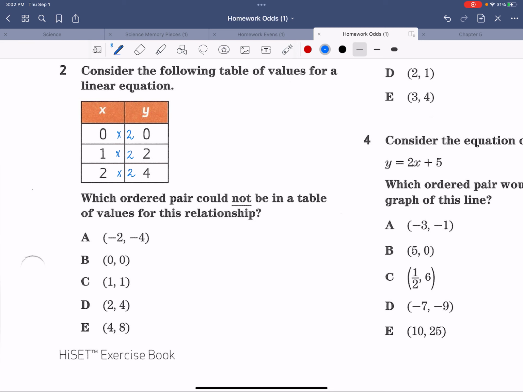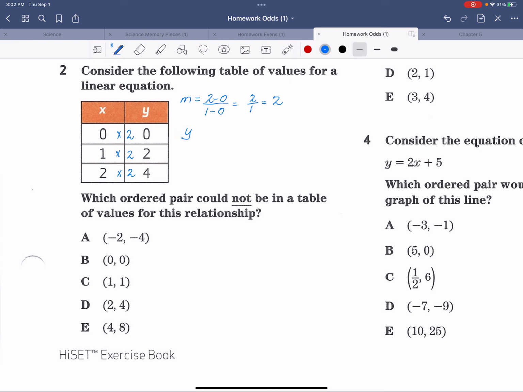Hang with me here. Let's get slope. So I'm going to say slope equals y sub 2 minus y sub 1 over x sub 2 minus x sub 1. And that's going to be 2 over 1 or 2. So slope is 2. And then I can set up, I think I'll use point slope, and I won't have to worry about baby b. Actually, I know the y-intercept, so I can do baby b.